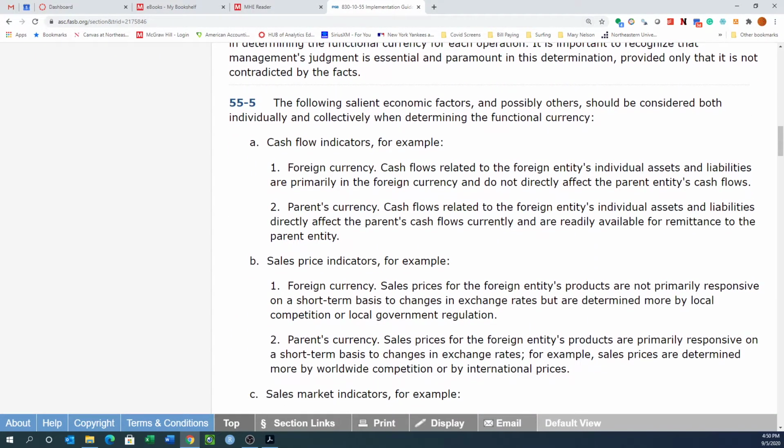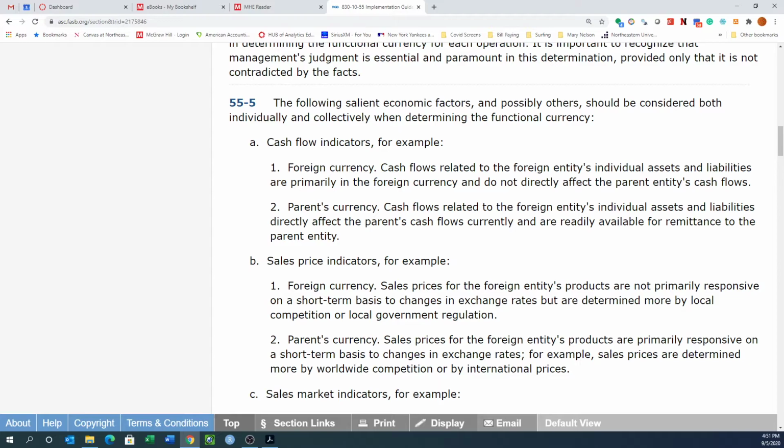All right, so for the foreign currency, if it is the foreign currency, cash flows related to the foreign entity's individual assets and liabilities are primarily in the foreign currency and do not directly affect the parent entity's cash flows. Well, what does that mean? Basically, they're doing all their stuff. It's not altering the cash flows of the parent entity at all. It looks like it's self-contained, right? The cash flows are self-contained within, let's say, that German subsidiary.